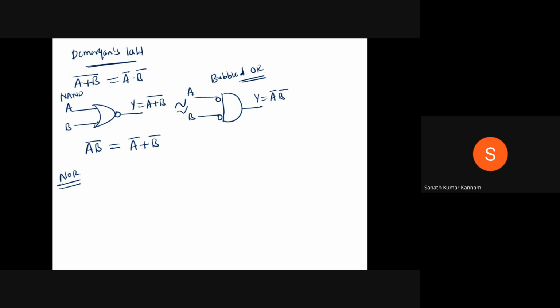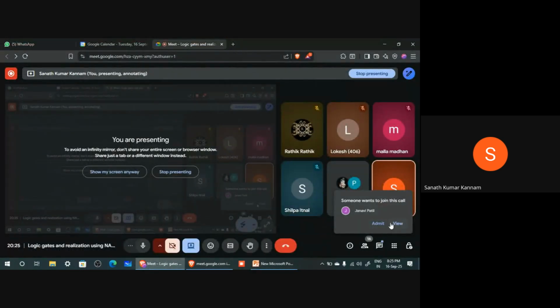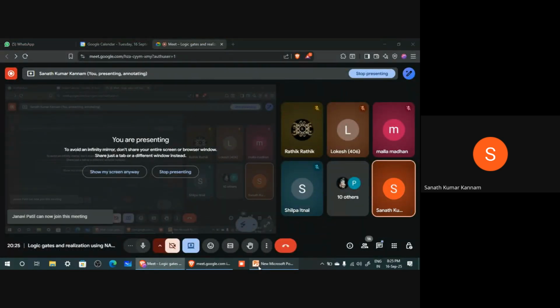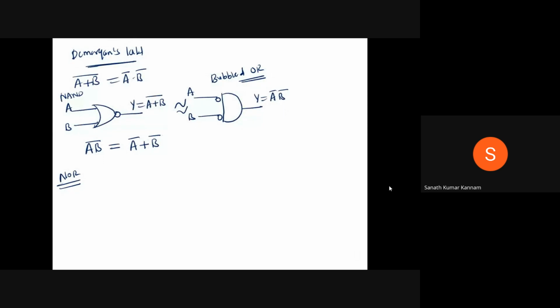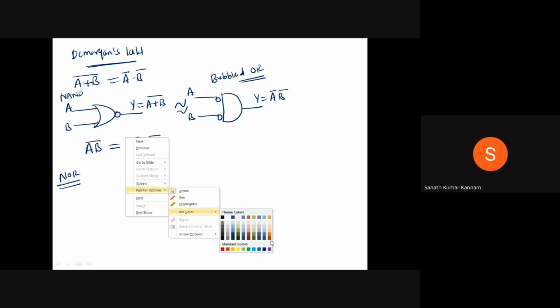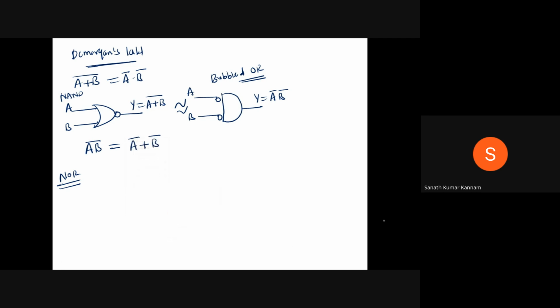Next, NOR. So NOR means what? Somebody is trying to join, let them join. So this is NOR gate. This is NAND gate.